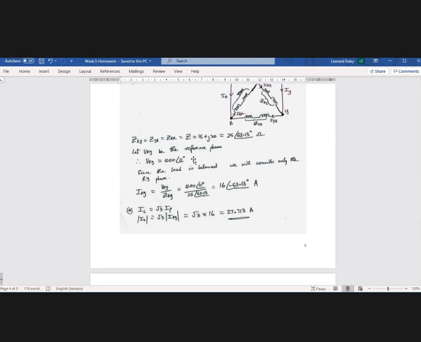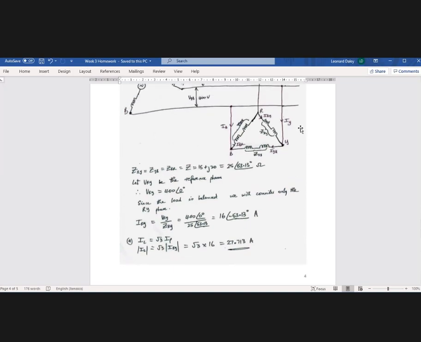So I find the current in the red-yellow phase, IRY, which is VRY over ZRY, 400 angle 0 divided by 25 angle 53.13, and that gives you 16 angle minus 53.13.